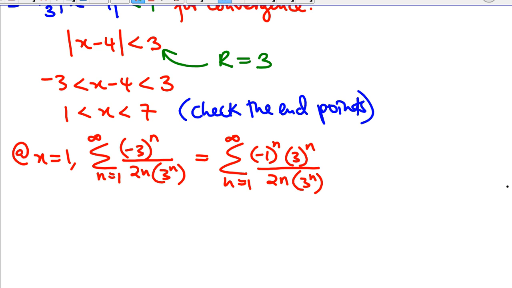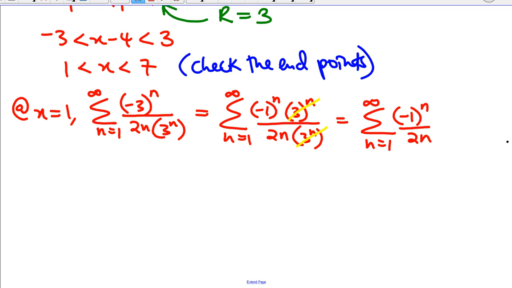And these will cancel. So what you end up with is an alternating series, the sum from n equals 1 to infinity of negative 1 to the power n over 2n. So this is an alternating series which converges by the alternating series test.